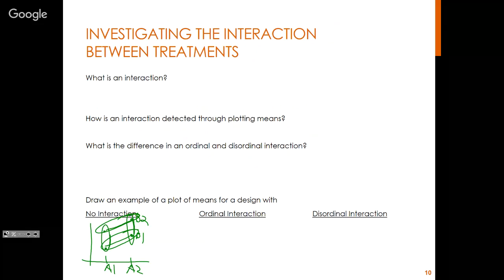The lines will not have the same slope, or they won't be parallel. So now let me write this out. What is an interaction?